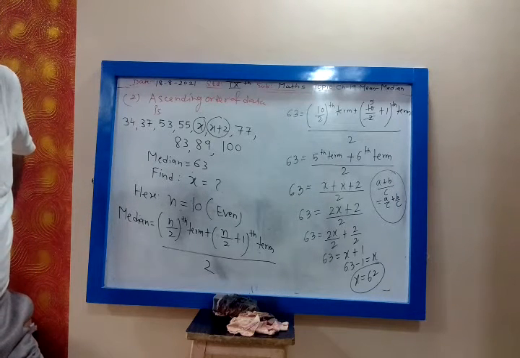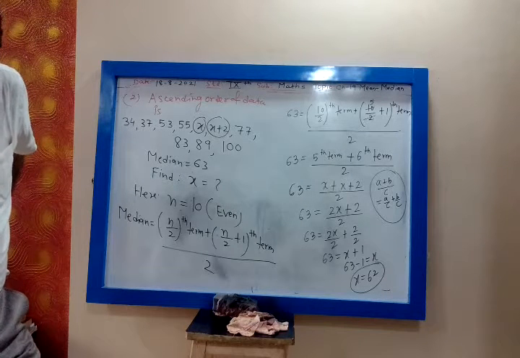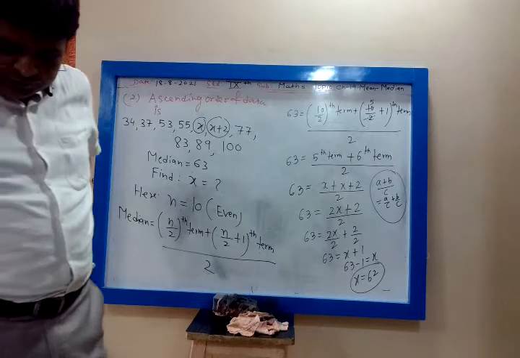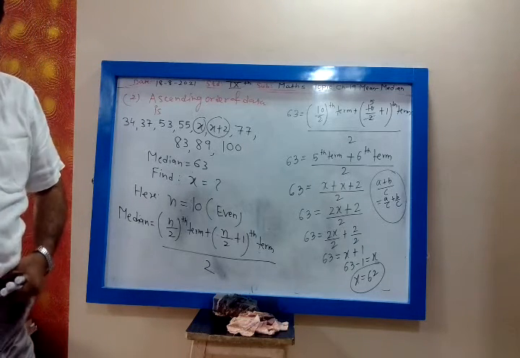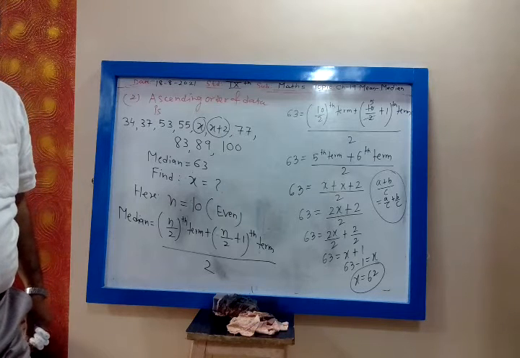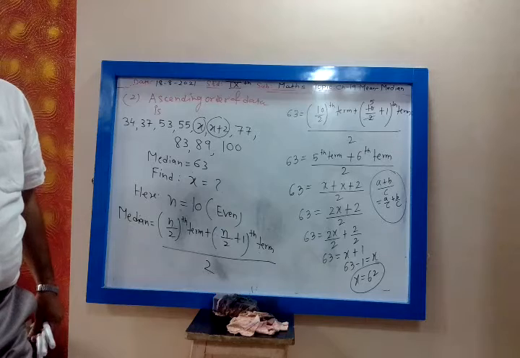Now questions number 3, 4 are omitted. Now do the 5th one. All of you can see the 5th one is same as this. Yes or no? Yes. The 5th one is same as this.